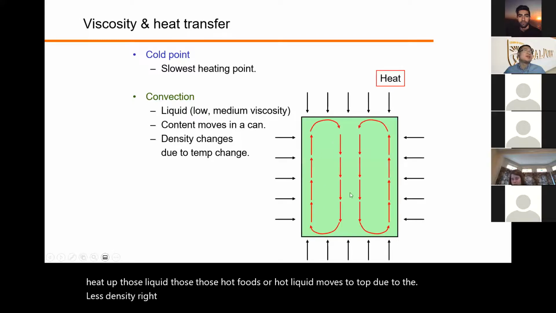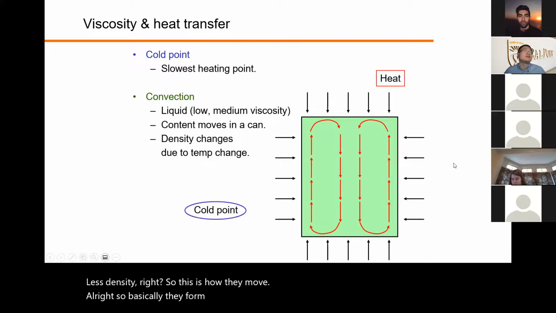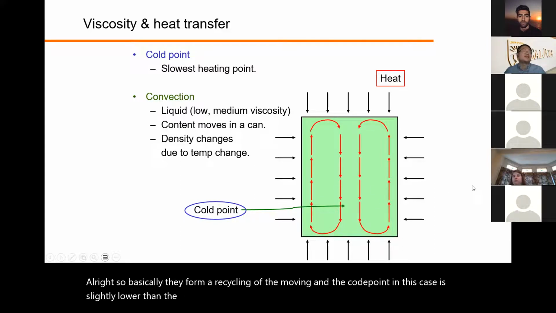So this is how they move. Basically they form a recycling movement, and the cold point in this case is slightly lower than the center, depending on how viscous it is.